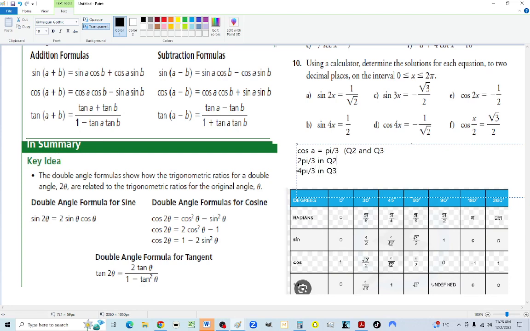Which means for this one, when is 4x, is it a half? I forget which one I'm working with. Pi over 3, I'm working with a half. So when 2x is equal to 2 pi over 3, x is equal to 2 pi over 6. When 2x is equal to 4 pi over 3, x is equal to 4 pi over 6. So those are the two values.